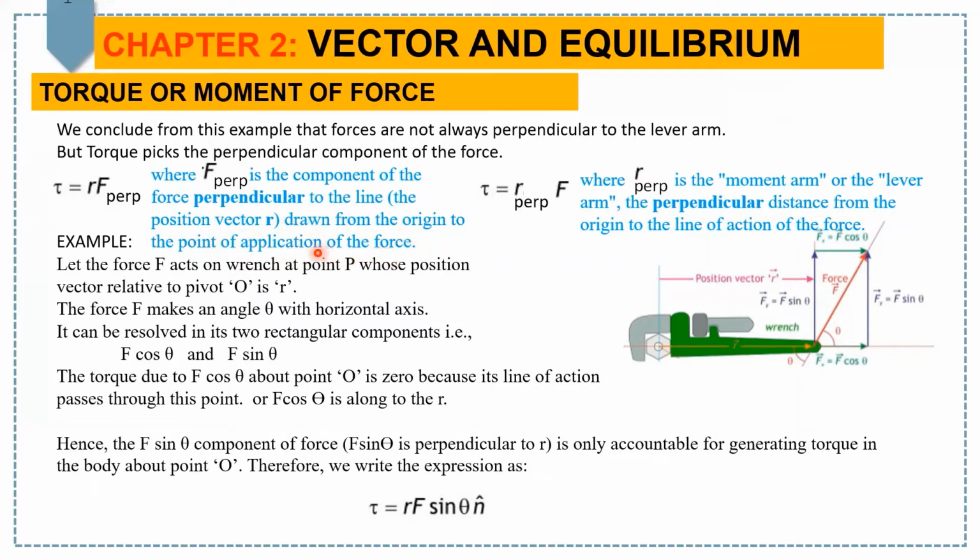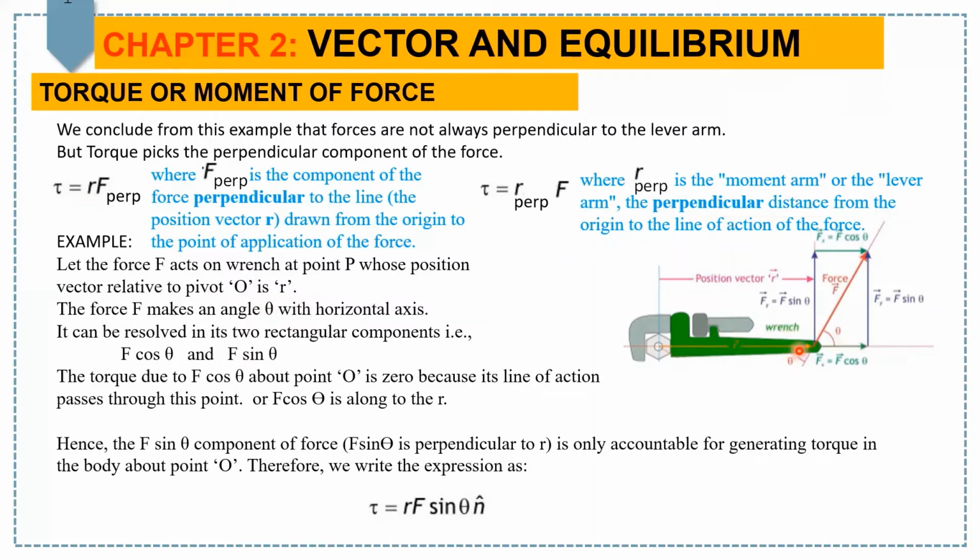To understand both cases graphically, let's take an example of a wrench. As you can see in this figure, in the first case, let the force F act on the wrench at point P, whose position vector relative to the pivot O is r.